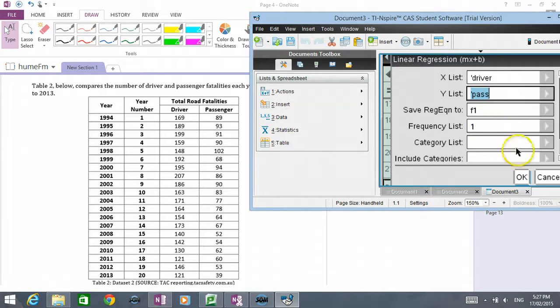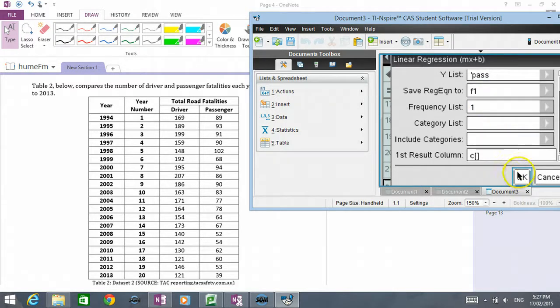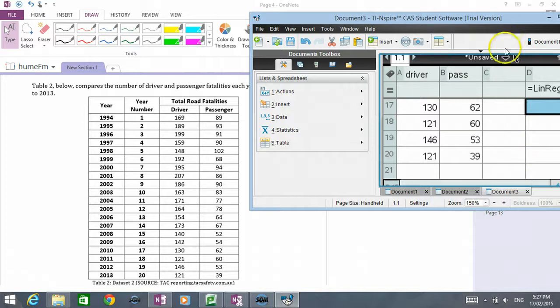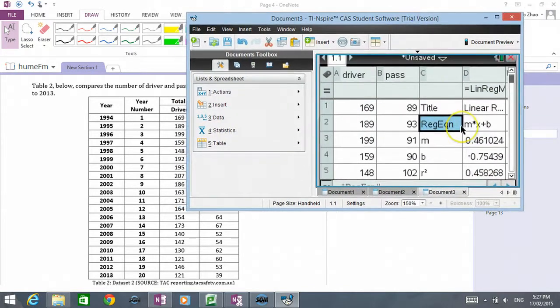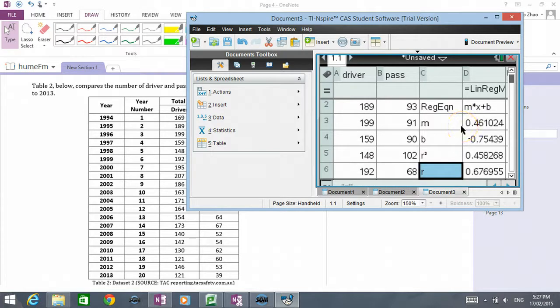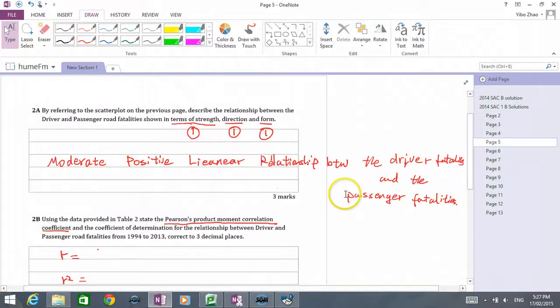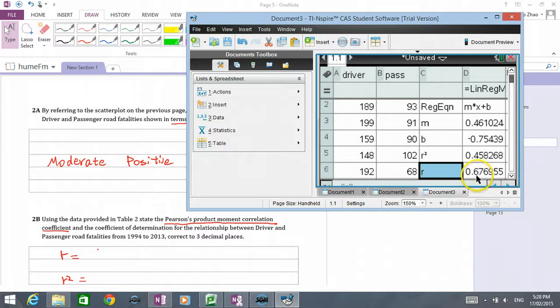We have an equation, we don't have frequencies. Now we should have our answers. My R is 0.6769, so it rounds up to 0.677.